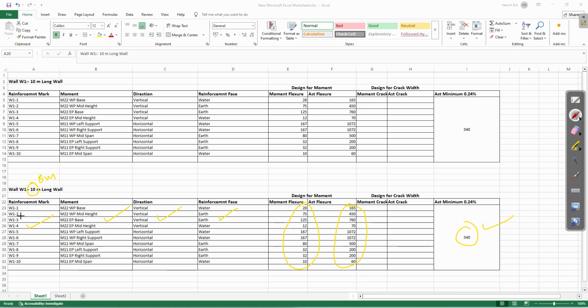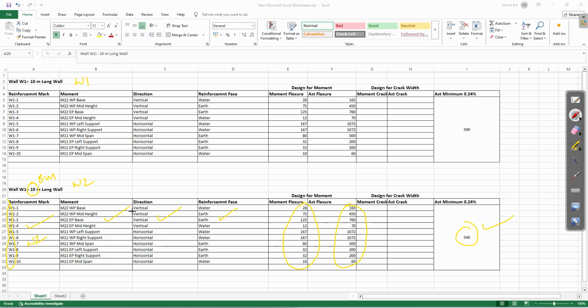And so your long wall is wall 1. Here short wall is wall 2. So instead of W1, you write W2 everywhere. Your location remains the same, 1, 2, 3, 10 remains the same.